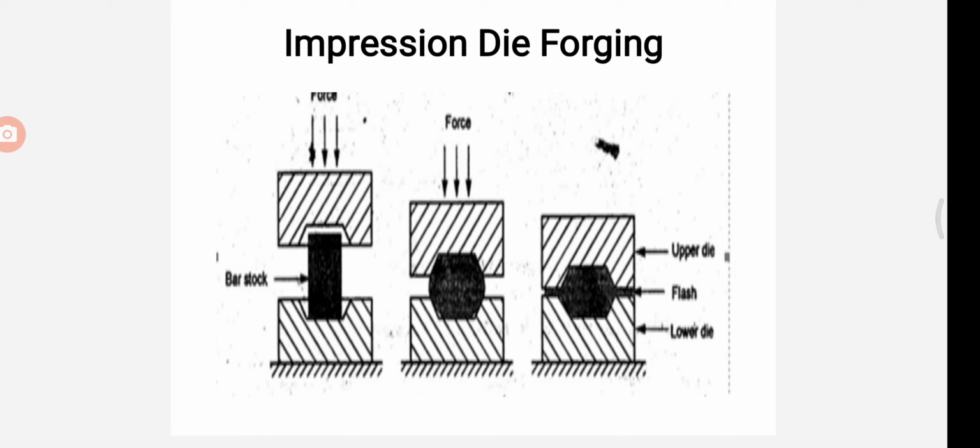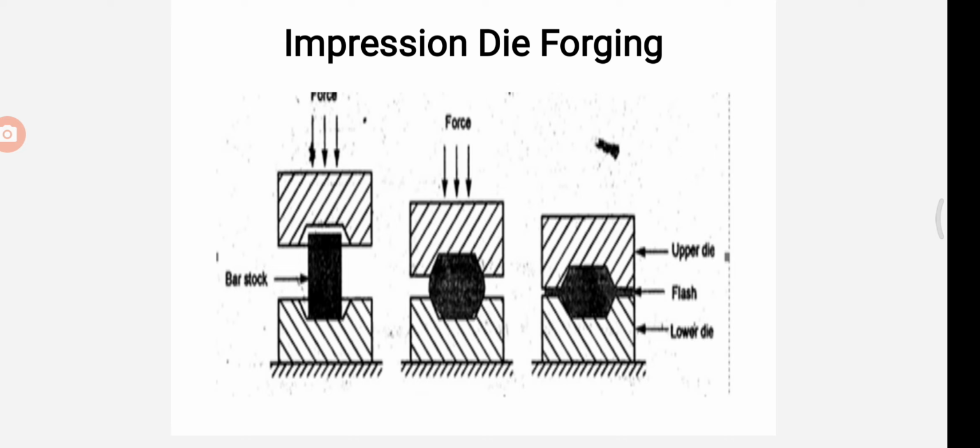In impression die forging, the workpiece obtains the shape of the die cavities while being forged between two or more dies containing impressions of the part shape. The metal flow is restricted by the die contours.